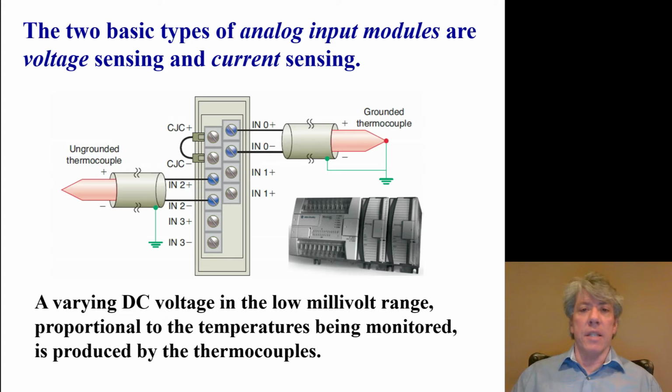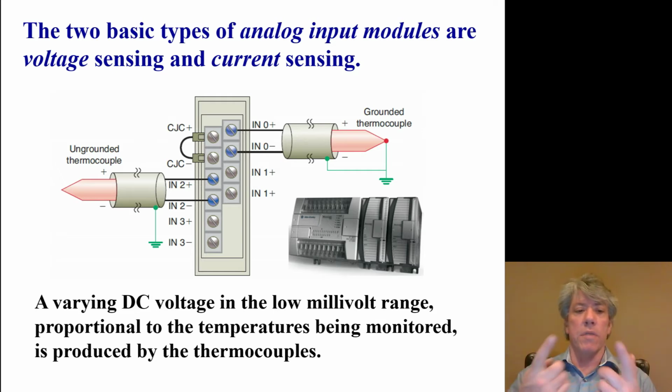So the two basic sensing modes are voltage and current sensing, but often the details of the sensors themselves require that you have special circuitry between the input module on the PLC and the sensor, or perhaps a special type of input module. And one common type of input module that's special is a thermocouple input module. Thermocouples are temperature sensing devices.